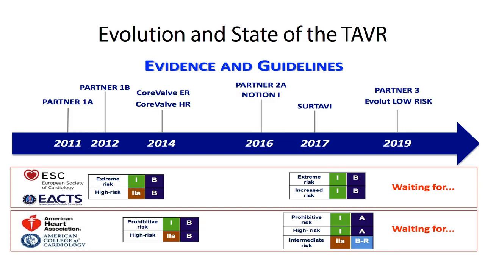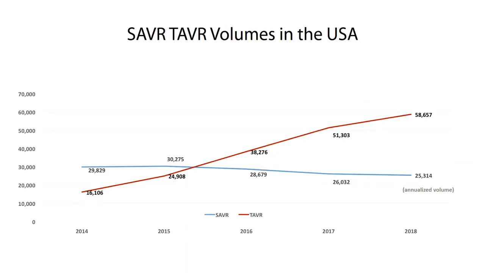So you can see the evolution and the state of the TAVR from 2011, when we started with Partner 1A, which was extreme risk, all the way to now Partner 3, Evolut low risk, that are going to grant us the expansion of labeling for the low-risk population. This definitely affected the volume, and as you can see here, TAVR is exceeding SAVR by a lot.